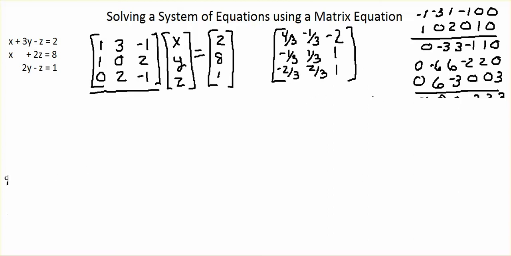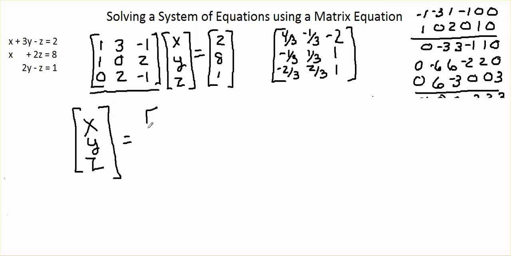Okay, so how will we use our inverse matrix? We're going to multiply both sides of our equation by our inverse matrix. So we'll multiply the left side of the equation and the right side of the equation, which makes this matrix here go away. So I'm going to just write X, Y, and Z so I don't have to rewrite that matrix.